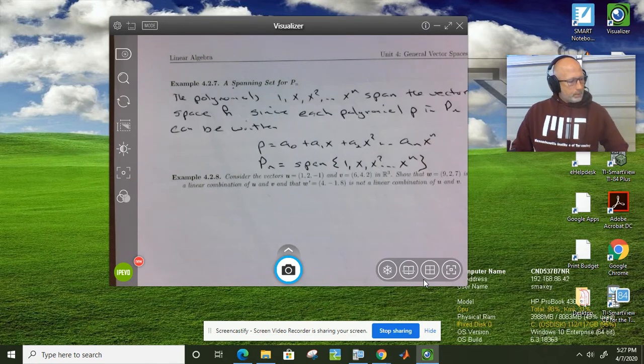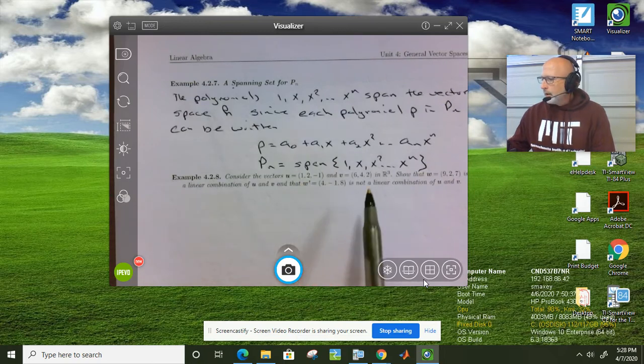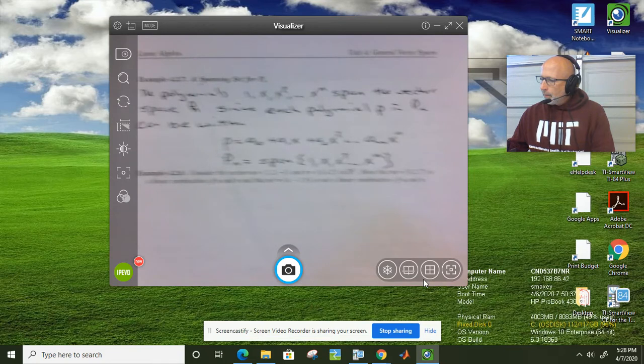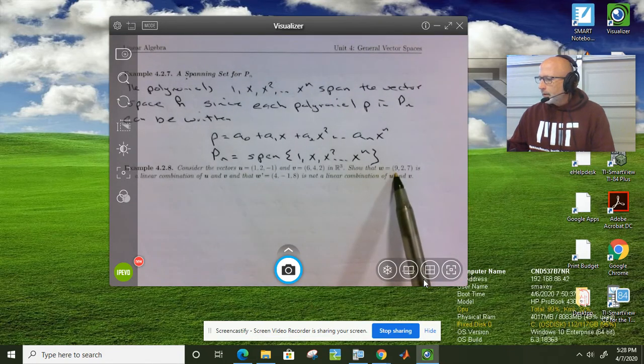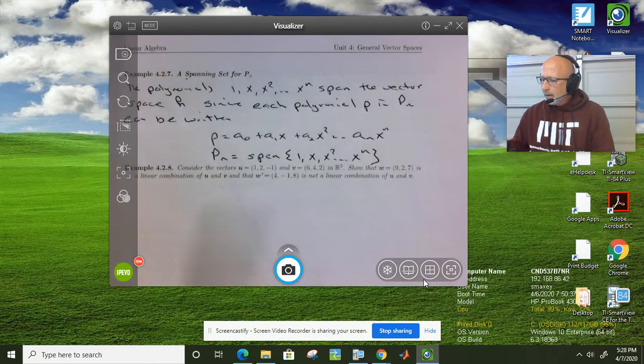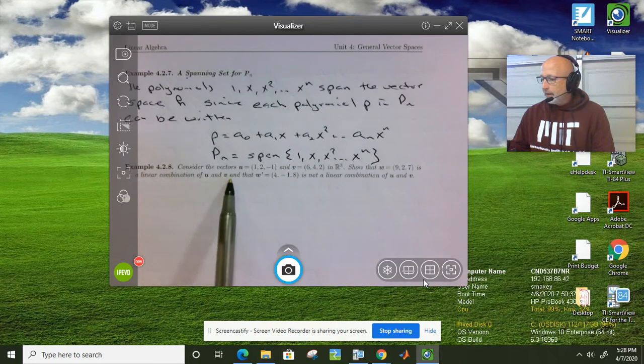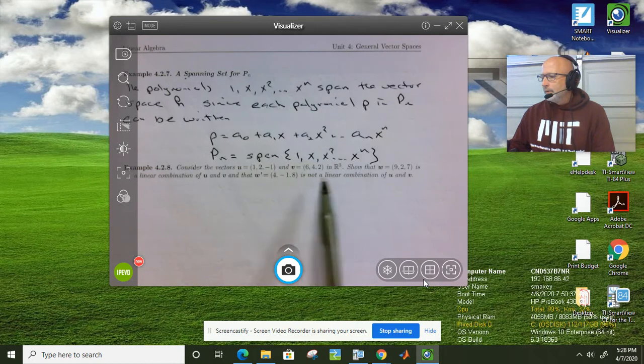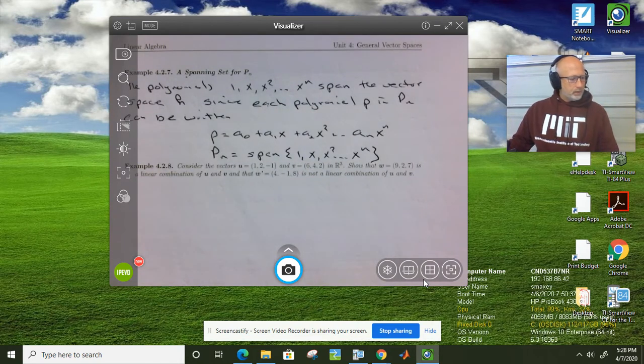Okay, example 4.2.8. Consider the vectors u, which is 1, 2, -1, and v, which is 6, 4, 2, both in R3. I want to show that w, which is the vector 9, 2, 7, is a linear combination of u and v, and that w prime, which is the vector 4, -1, 8, is not a linear combination of u and v.